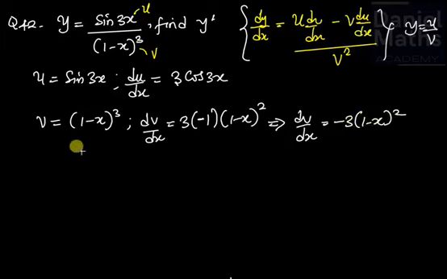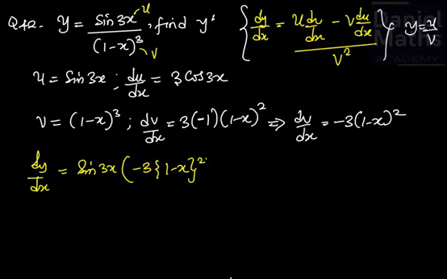So that's what I have for the differential of that. Now let's quickly substitute. My dy over dx is equal to my u, sine 3x, into my dv over dx, which gives minus 3 into 1 minus x raised to power 2, and then minus v, which is 1 minus x raised to power 3, times my du over dx, that is 3 cos 3x.